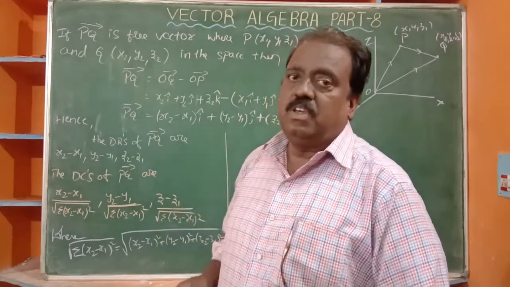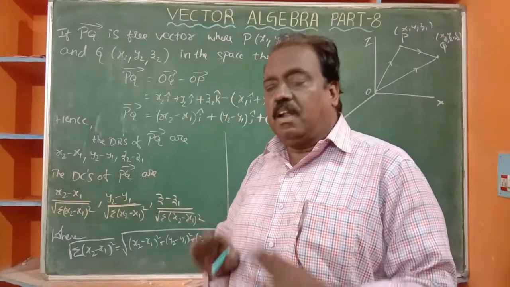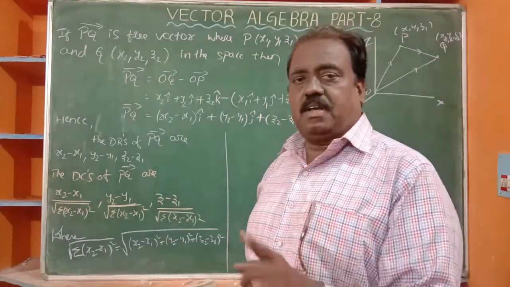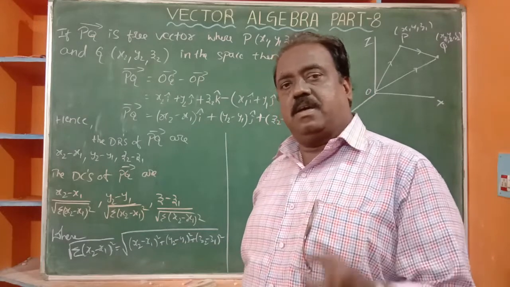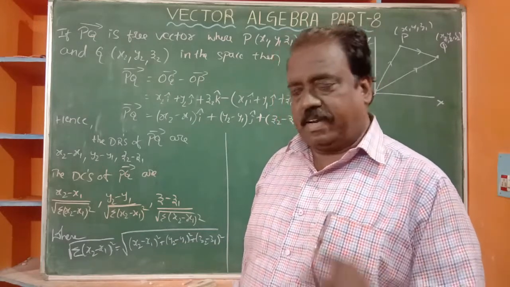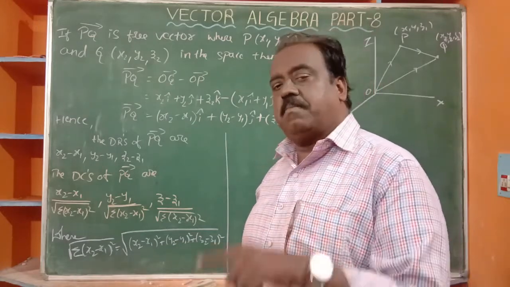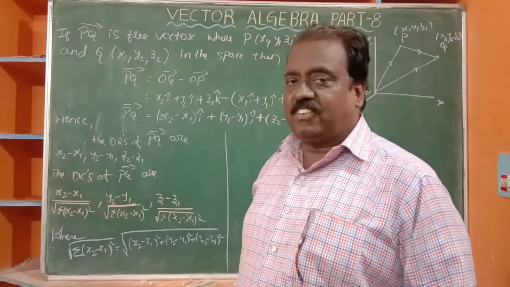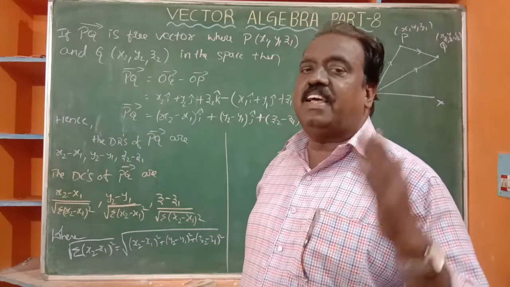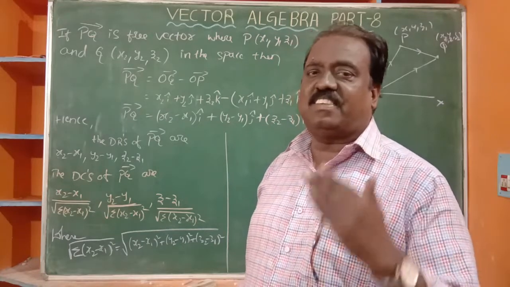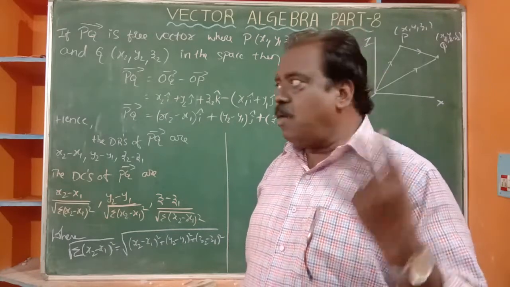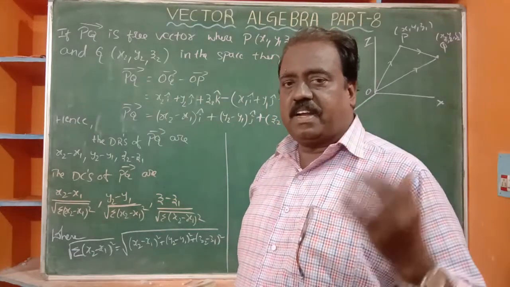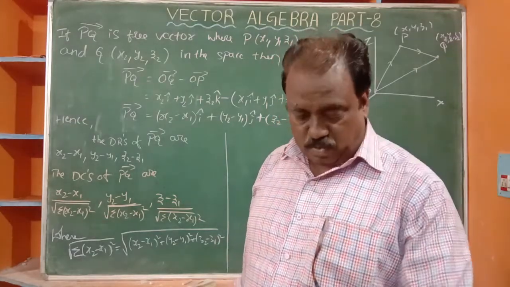Don't confuse them. DRs and DCs are separate. DCs means cos alpha, cos beta, cos gamma are the direction cosines of a vector, where alpha, beta, gamma are the angles made by the vector with the x-axis, y-axis, z-axis. And how can we calculate cos alpha, cos beta, cos gamma also? I taught you very clearly.